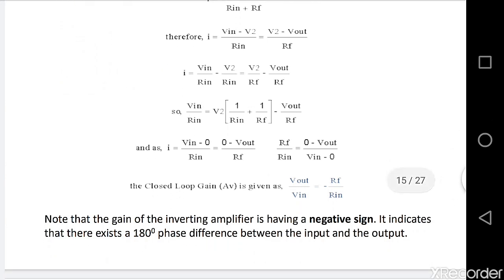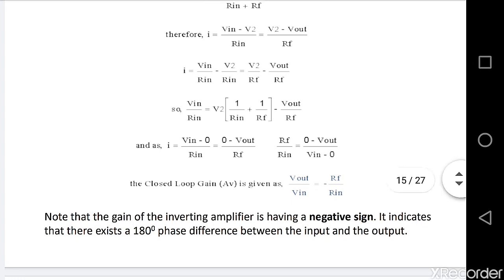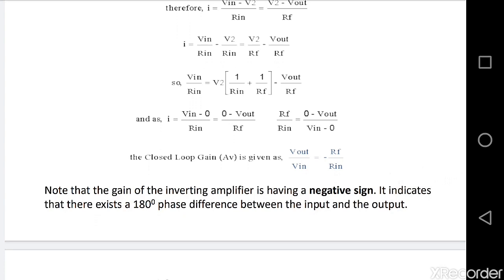Now, this is like A equals B equals C. So now let us consider Vin by Rin equals, taking this term as the left-hand side, V2 as common, (1 by Rin plus 1 by RF) minus Vout by RF.